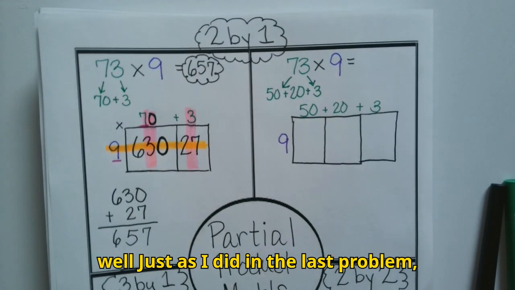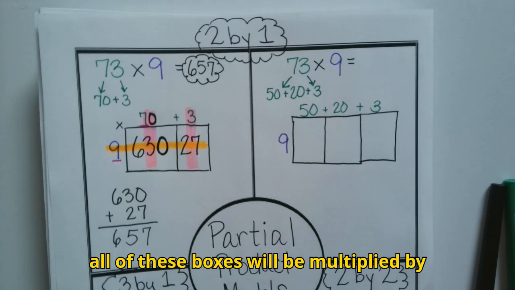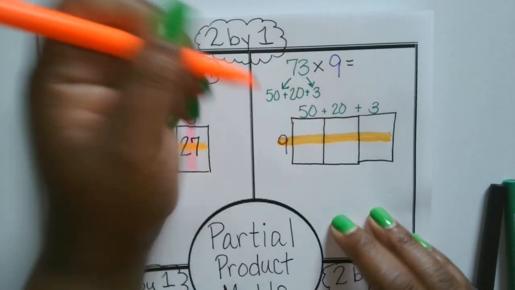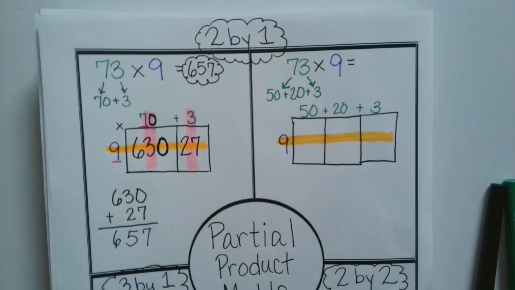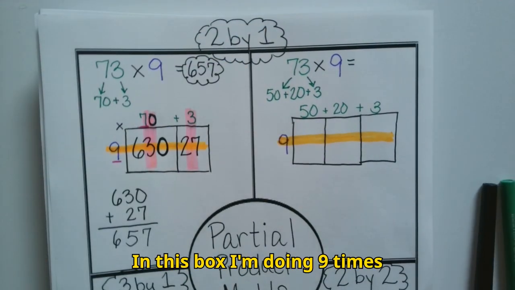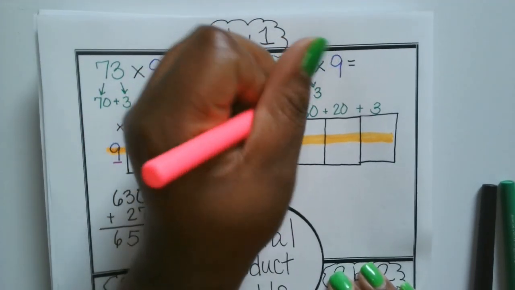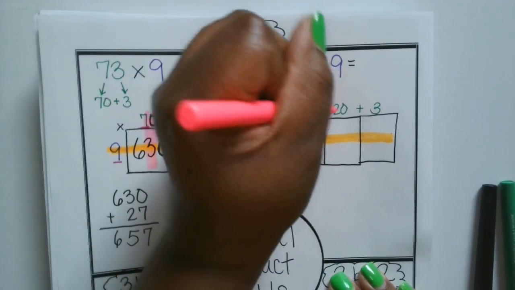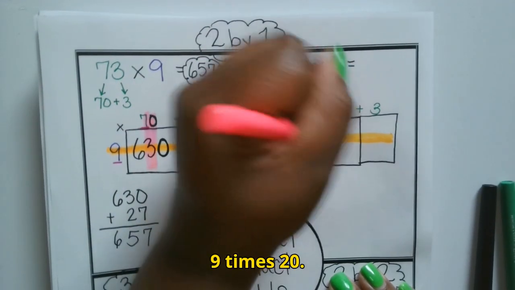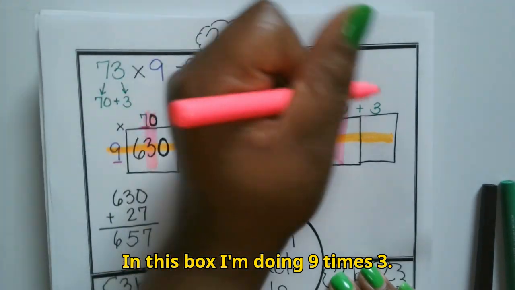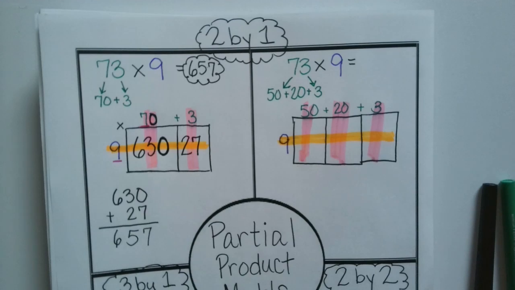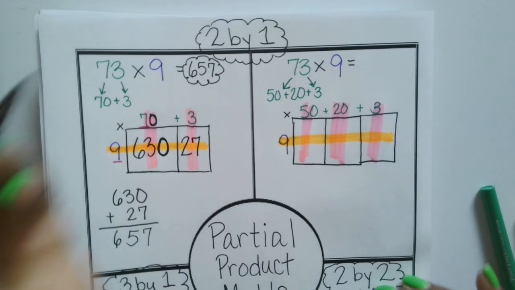So just as I did in the last problem, all of these boxes will be multiplied by 9. In this box, I'm doing 9 times 50. In this box, I'm doing 9 times 20. And in this box, I'm doing 9 times 3. And this is all multiplication.